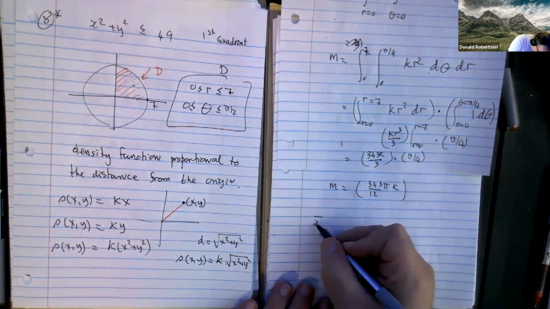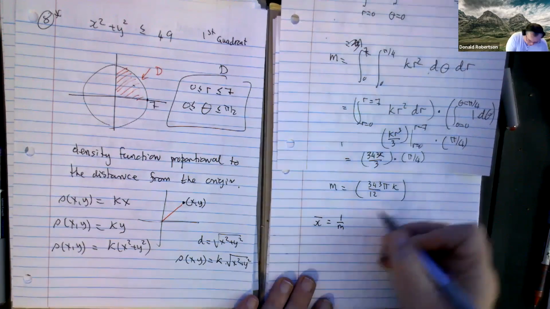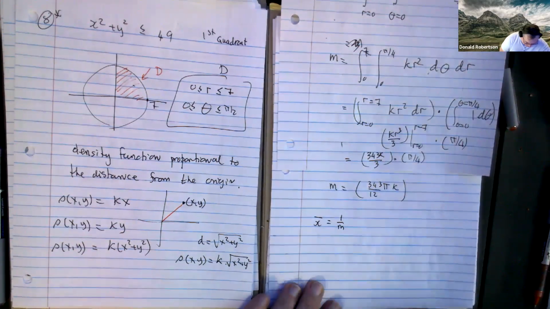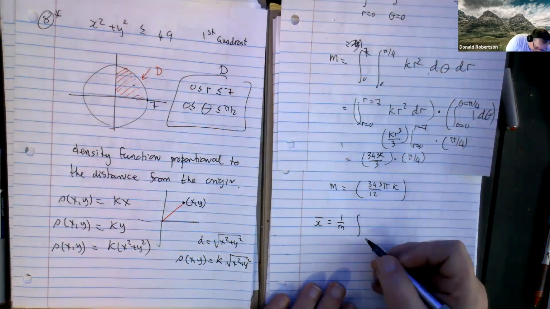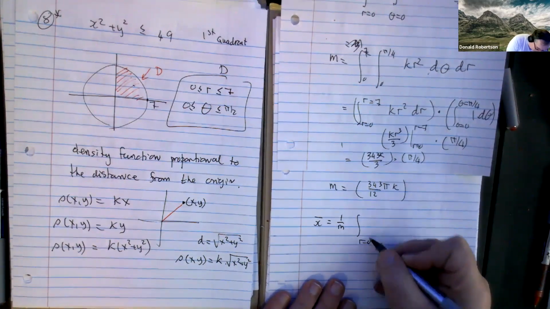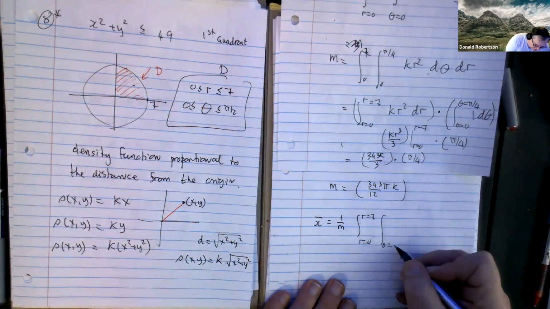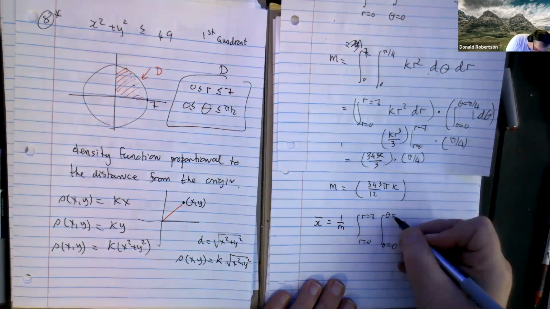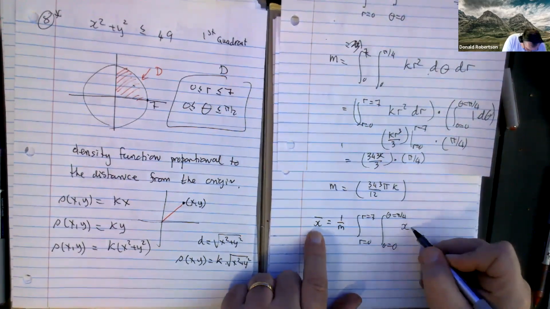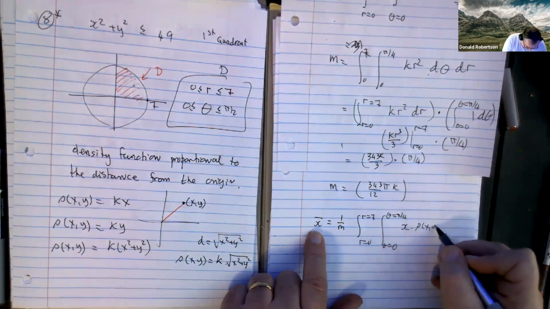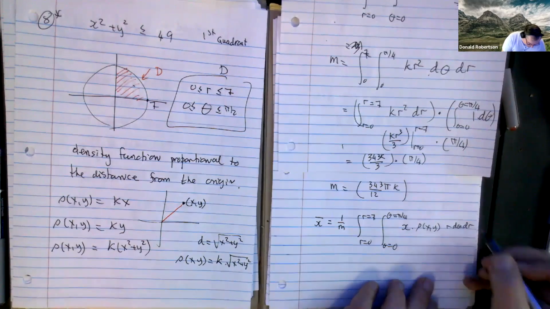Now, I won't finish it, but to get x bar, I'm just going to call it 1 over m, so I don't have to write that. Basically, if you turn it upside down, that's what 1 over m would be. The integral would still be from 0 to 7, and theta from 0 to pi over 4. That would be an x times the density function. I'll keep the r d theta dr going just for a minute.